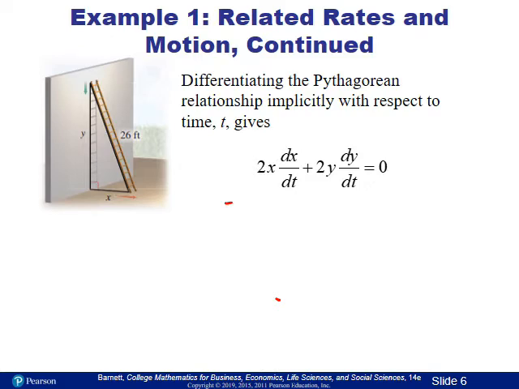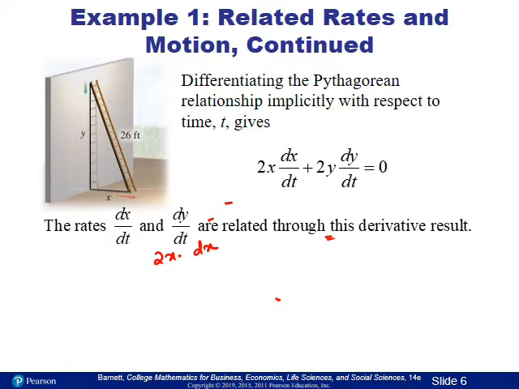If I differentiate x and y with respect to t, the derivative of x squared will be 2x, and then the derivative of x will be dx by dt. Similarly, the derivative of y squared will be 2y, and then the derivative of y will be dy by dt. The derivative of a constant is 0. So this is how we get 2x times dx by dt plus 2y times dy by dt equals 0.